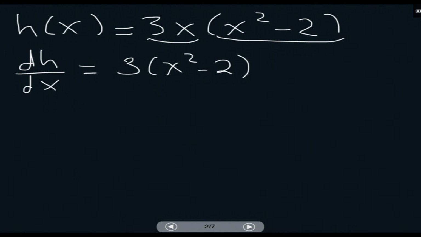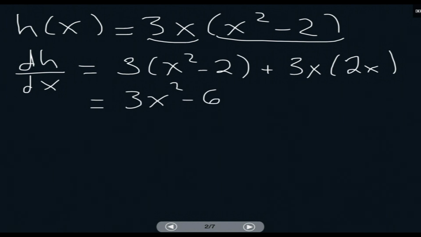And I'm going to add that to the regular first function times the derivative of the second function, which is just 2x. Then you can simplify this down a little bit. I'm just going to bring the 3 inside and multiply out the last set there. And you'll end up with 9x squared minus 6x.